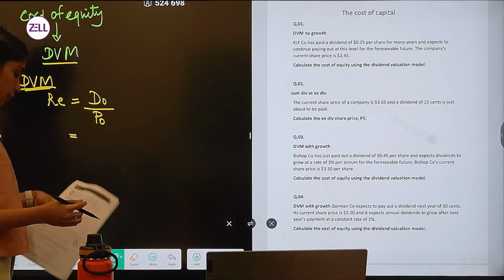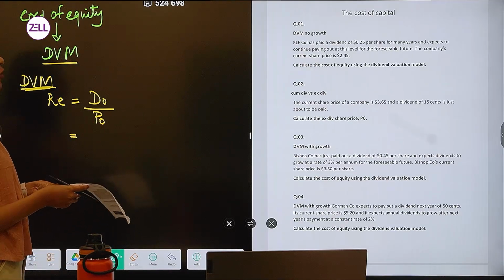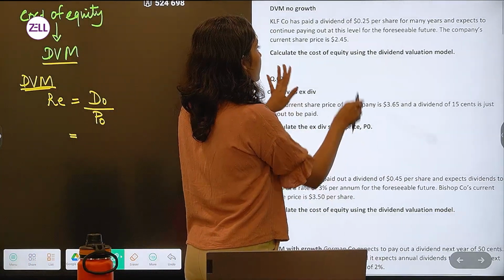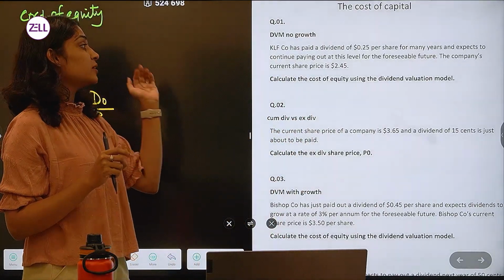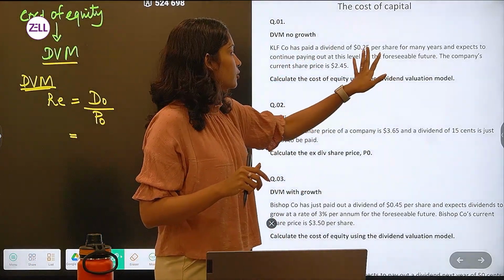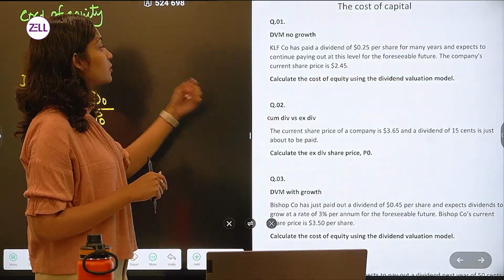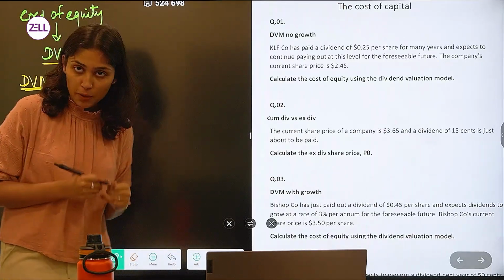So over here, what have they told? KLF company has paid a dividend of $0.25. Correct? That means it has already paid $0.25 per share for many years and expects to continue paying out at this level for the foreseeable future.